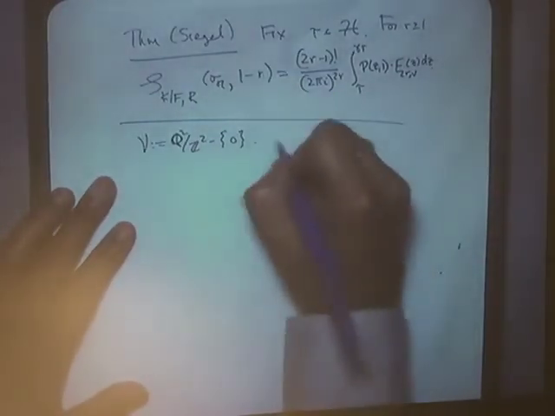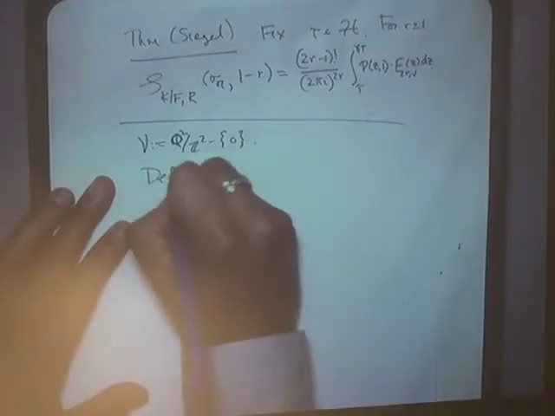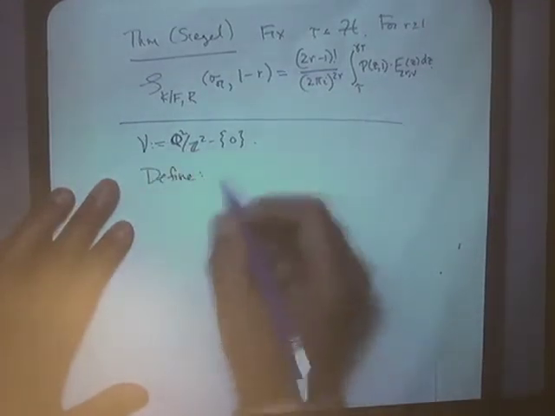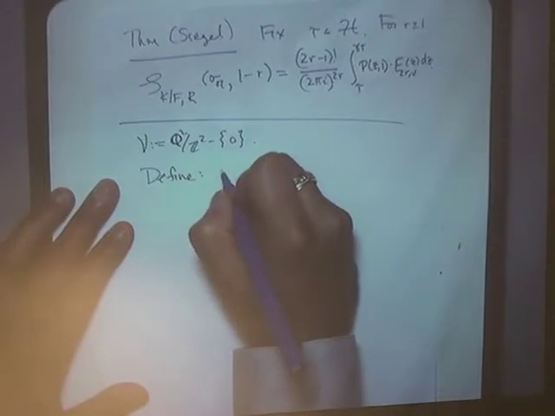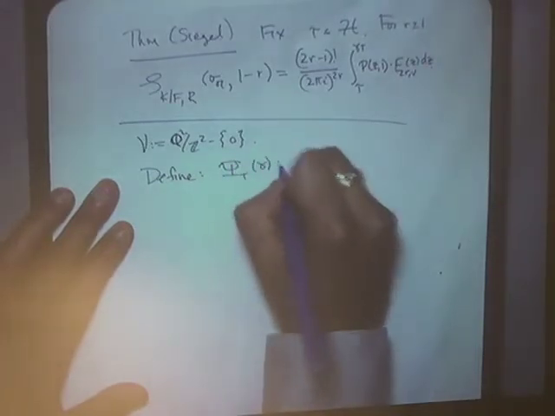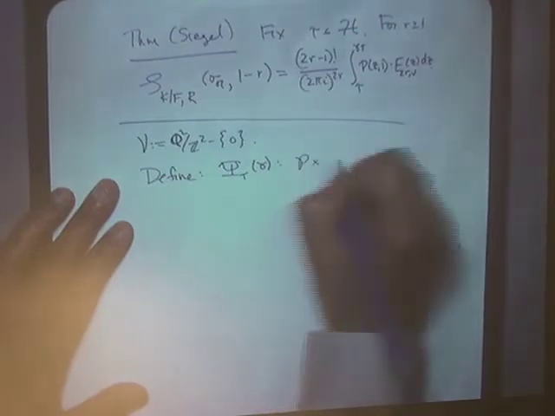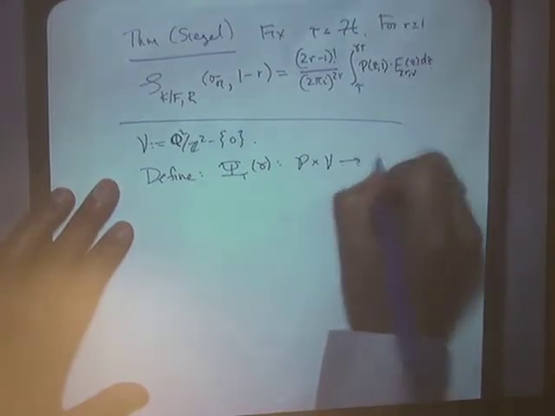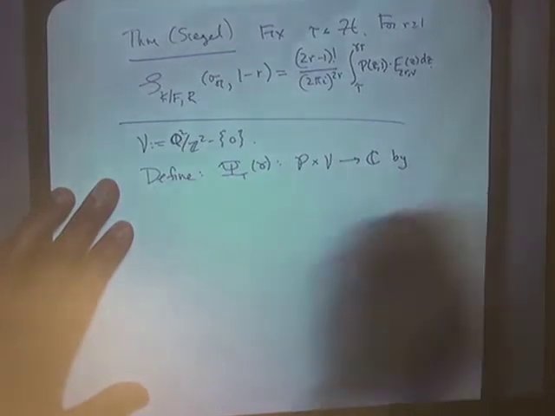Okay, so now I'm going to define more generally just by exactly the right-hand side of Siegel's formula. So define psi tau of gamma as a function that takes a p and a v and spits out a complex number.